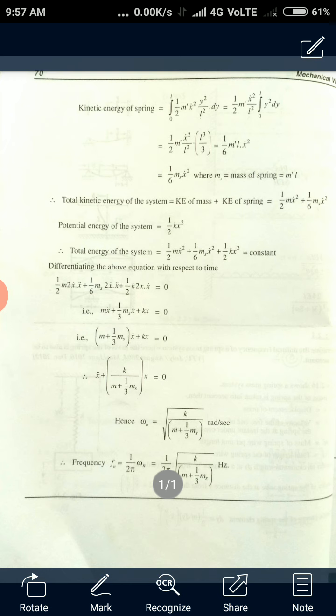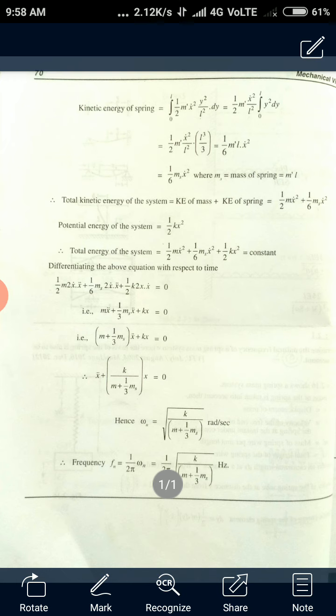So eliminate the common term, you will get the equation m x double dot plus 1 by 3 ms x double dot plus kx equal to 0. So take the x double dot common in the first two terms, you will write m plus 1 by 3 ms, plus kx equal to 0.